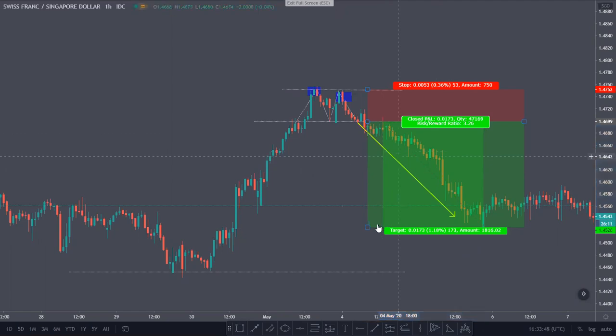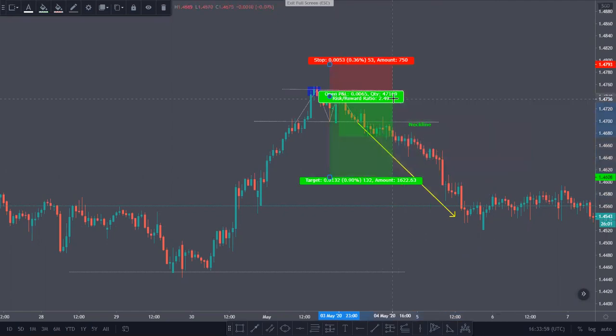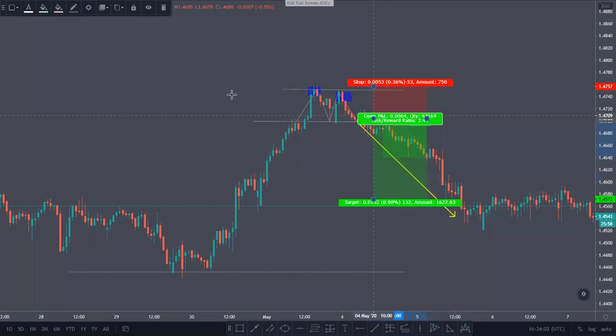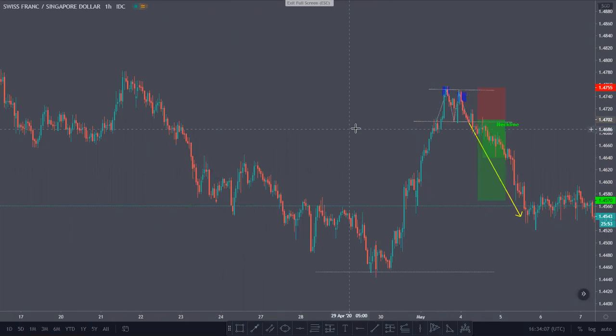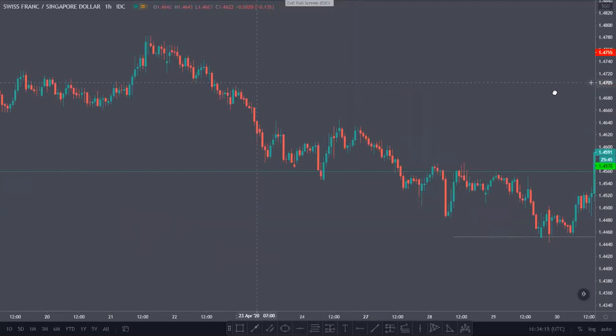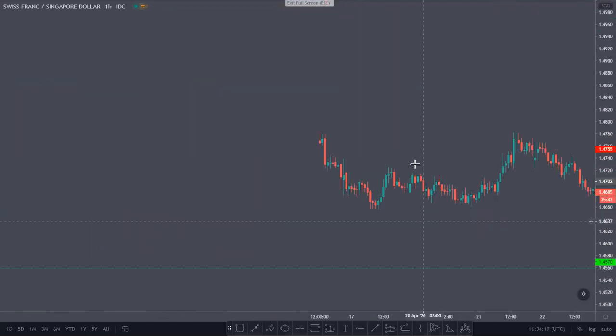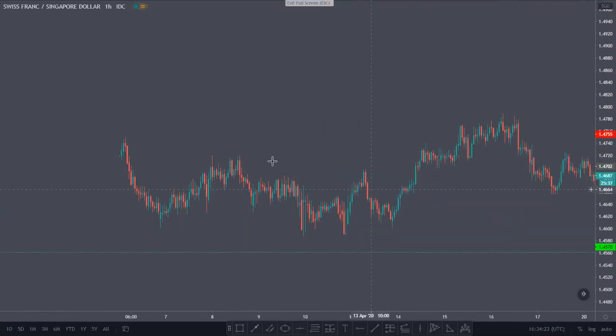Okay. Yeah. So that's the double top. So let's look for a double bottom. Let's try to see whether we can have a double bottom. So let's go to the left side of this chart. So for a double bottom, we are basically buying.